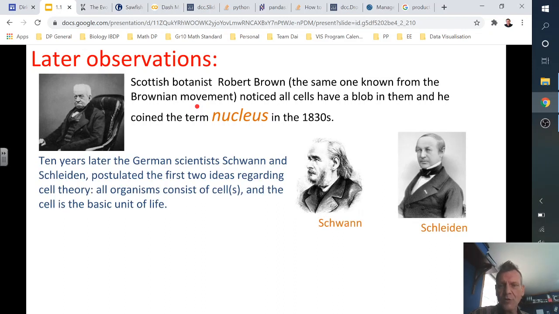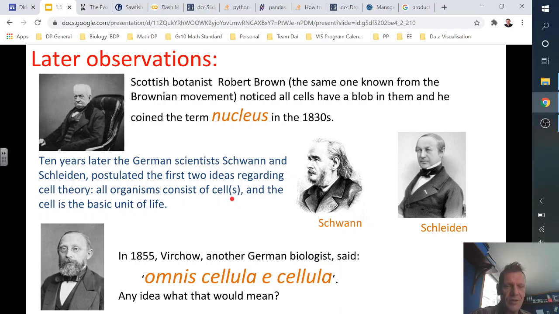Then there were two gentlemen from Germany, Schwann and Schleiden, and they came up with the first bit of the cell theory. That is that all organisms consist of cells, either one cell or more cells. That no organisms have been found that don't consist of cells. So they came up with that part.